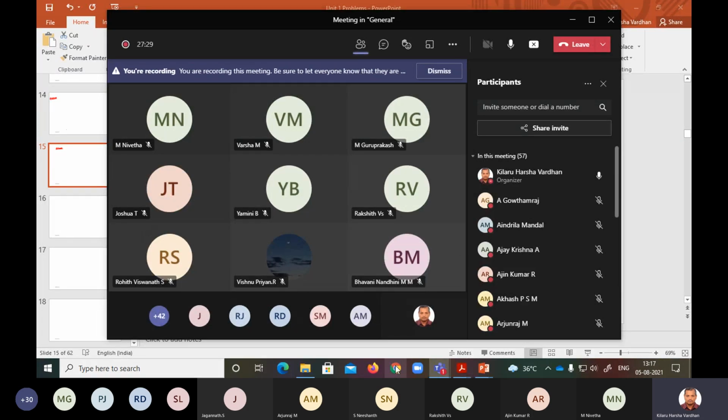Part B contains 3 questions of 6 marks each. Part C contains 2 questions of 10 marks each. So the total is 50 marks: Part A is 12, Part B is 18, Part C is 20.